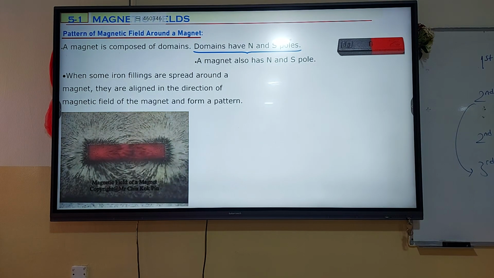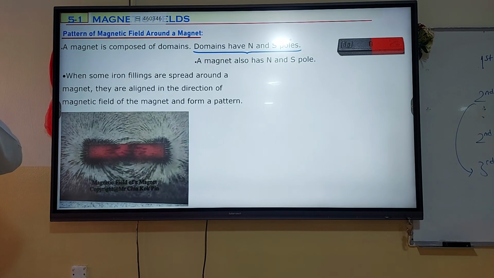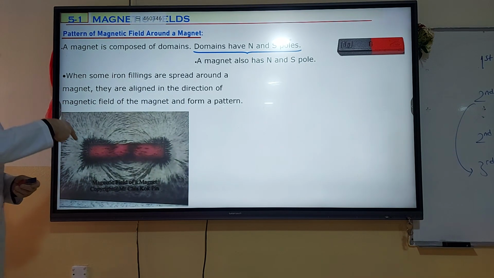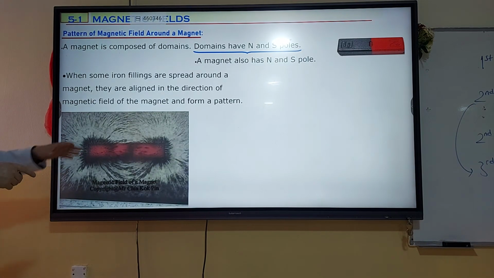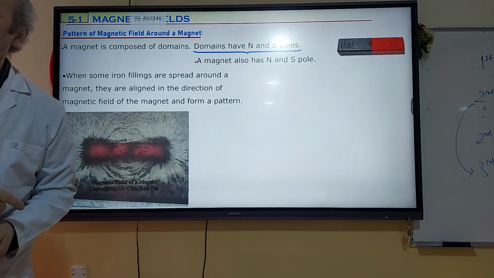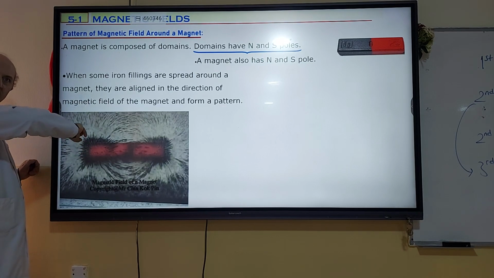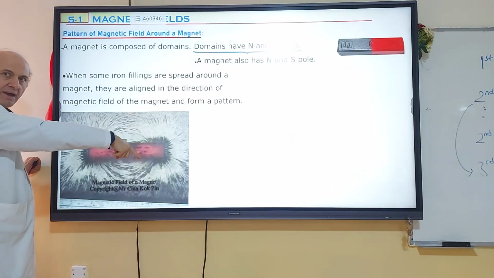This pattern is representing the pattern around this magnet, which we cannot see by naked eye, but we can make it visible by using iron filings. Okay, but what did you observe in here when you are checking this pattern? These patterns have a regular shape. It seems to be leaving one end, goes to the other end of the magnet.